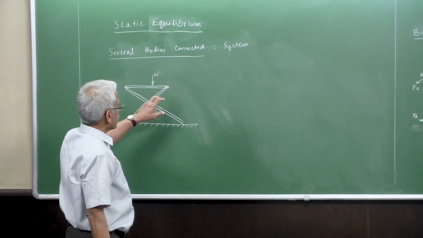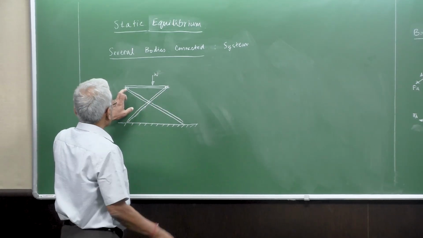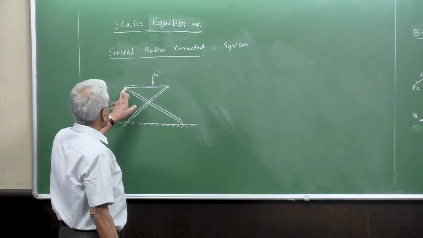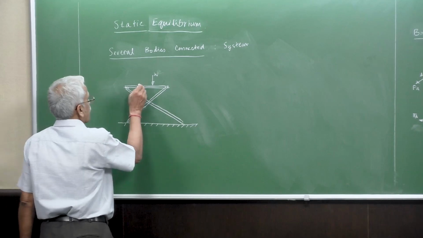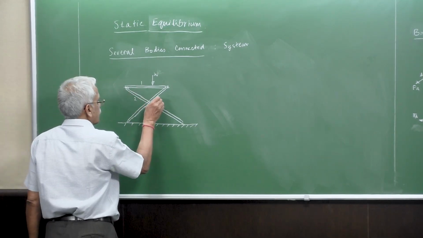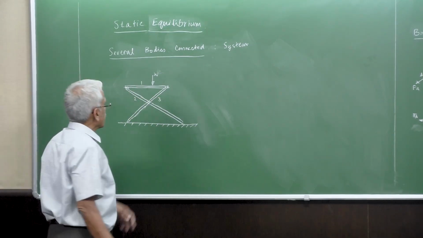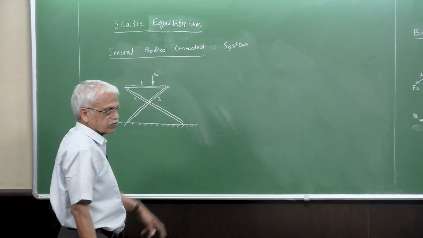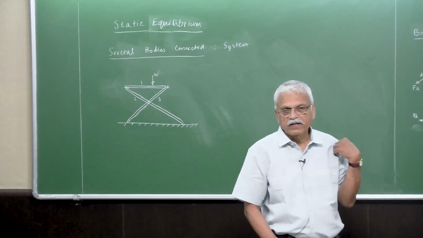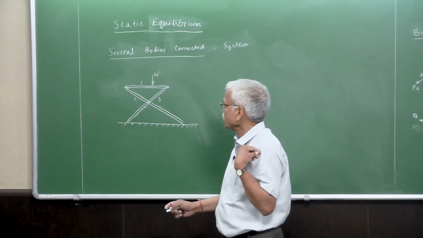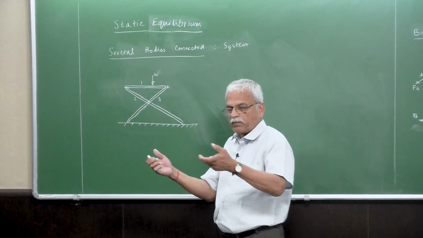These things are not completely independent, they are connected by pins. 1 is the top plank and 2 and 3 are the cross legs, and 1 and 2 are connected by a pin, 1 and 3 are connected by a pin, as well as 2 and 3, by a pin or a hinge.